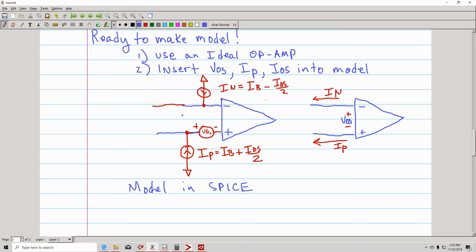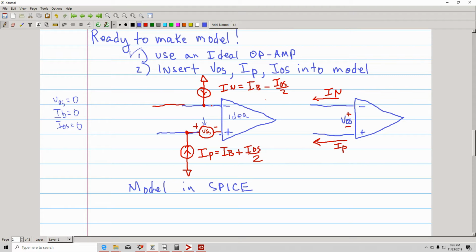Okay, and we're going to use an ideal op-amp. So this is supposed to be ideal, and ideal because you want it to have no bias current, no offset current. So basically you want these to be 0 internally. Okay, but you're adding these externally. So in this case we're going to add VOS.